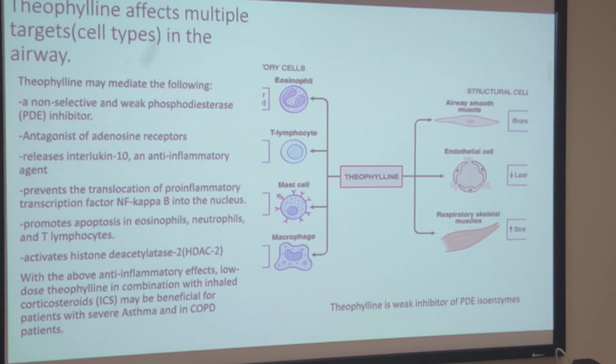In the nucleus, it binds to specific DNA elements or DNA regulatory sites, thereby increasing the transcription of other functional proteins. That's how NF-kappa B works. So theophylline prevents NF-kappa B from going into the nucleus. By inhibiting the NF-kappa B translocation into the nucleus, theophylline helps cause bronchodilation.